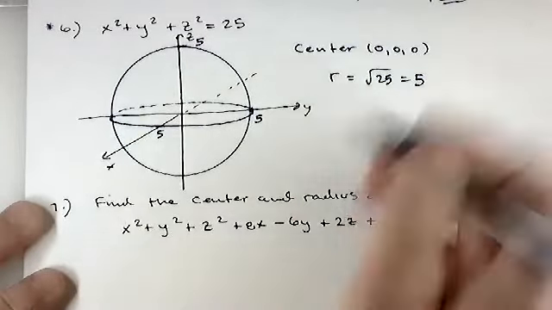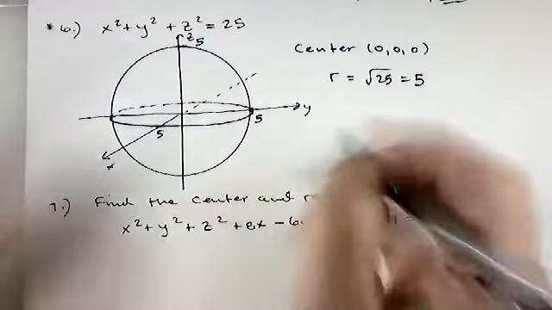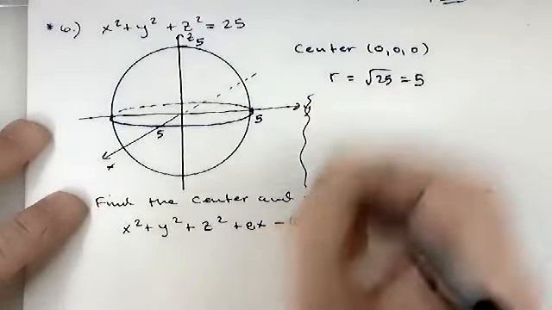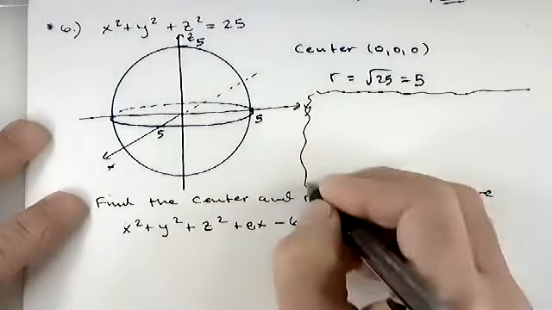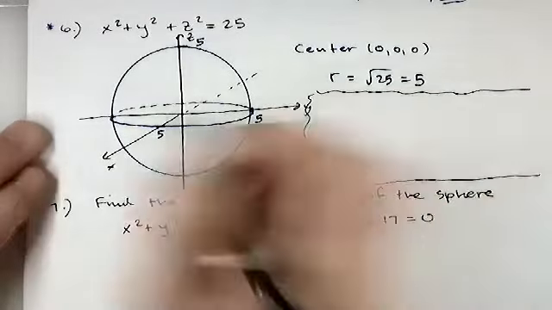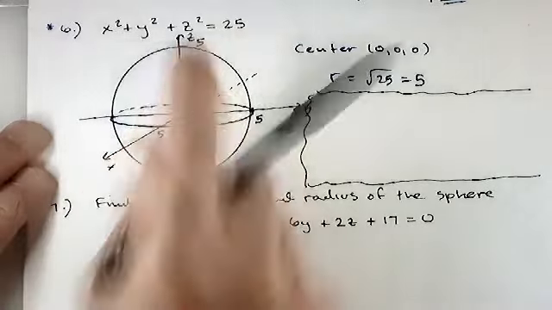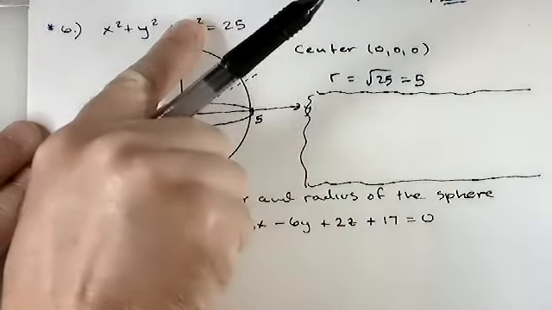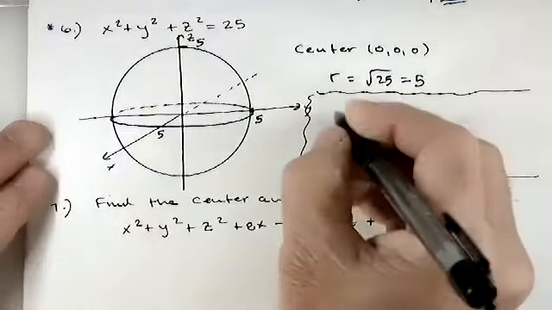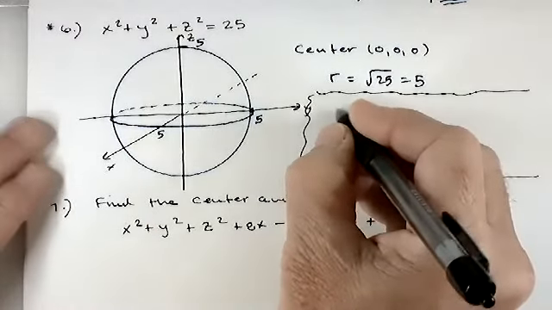Maybe I'll squeeze another example in here as kind of a lead into this one. So you can tell the center of this sphere is 0, 0, 0, for the same reason the center of that circle is 0, 0. And the way it works with spheres is just like with circles.